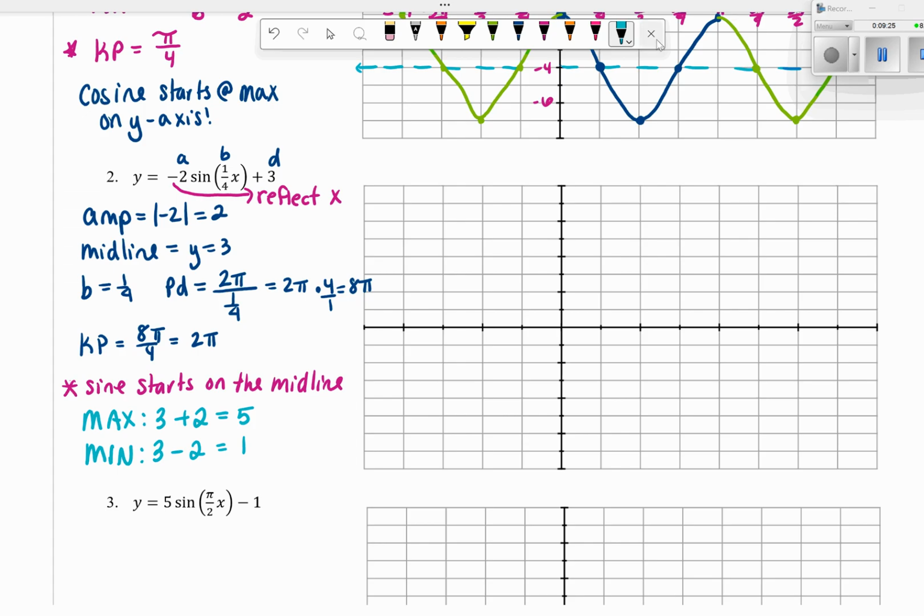And then on my graph, because my key points are 2 pi, that's what I'm going to count by. So this would be 2 pi, actually just write down here. So 2 pi, 4 pi, 6 pi, 8 pi, 10 pi, 12 pi, 14 pi, and 16 pi, of course, and then negative direction as well.